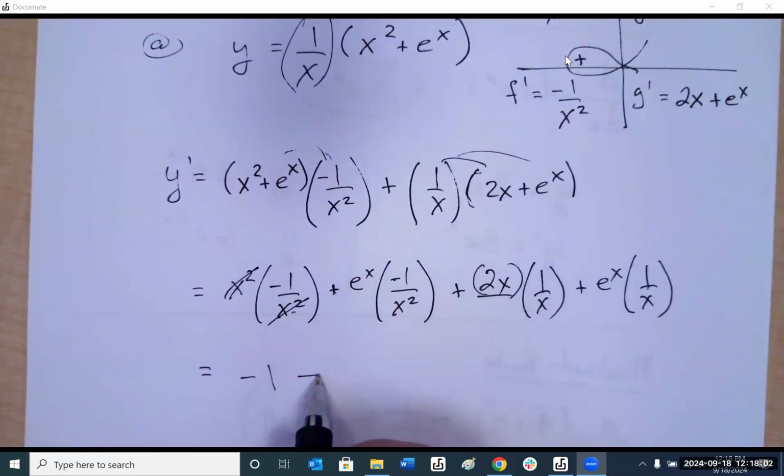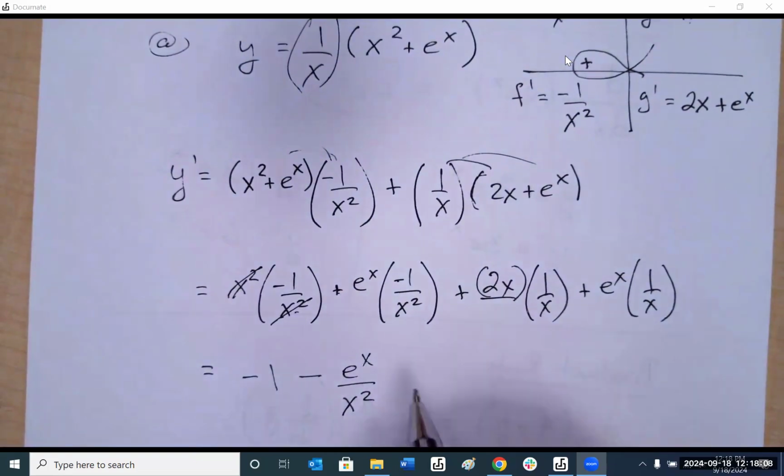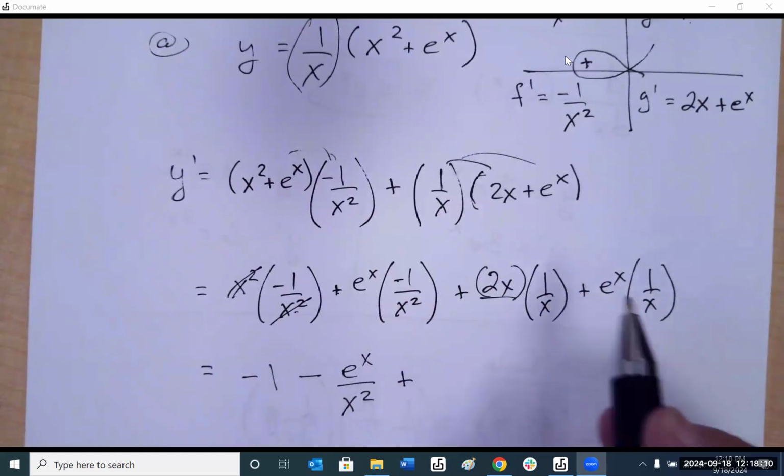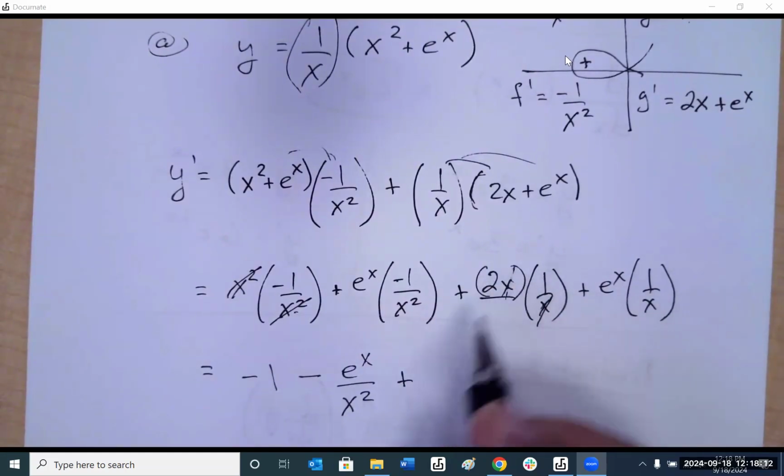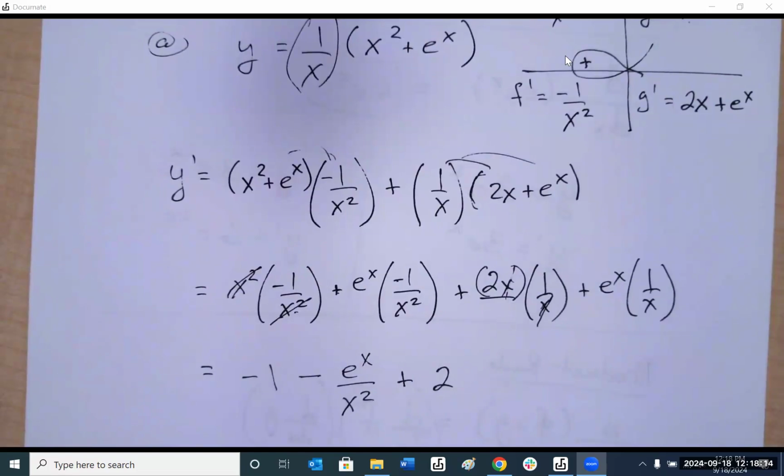Negative times positive is negative e to the x/x². The x's cancel, so it's 2 times 1 is 2. Plus e to the x/x.